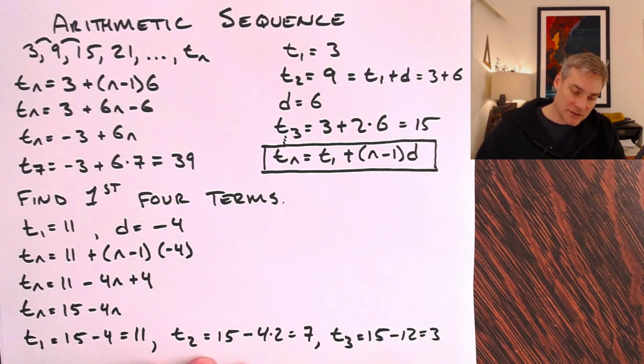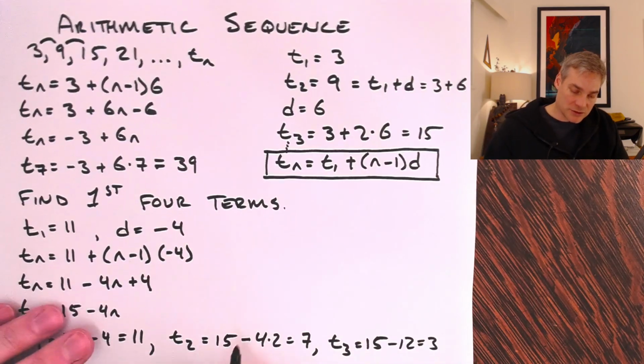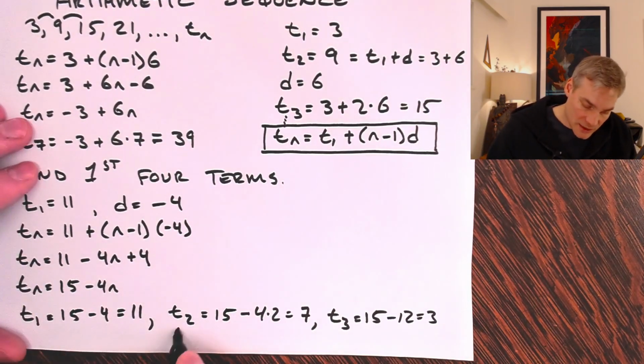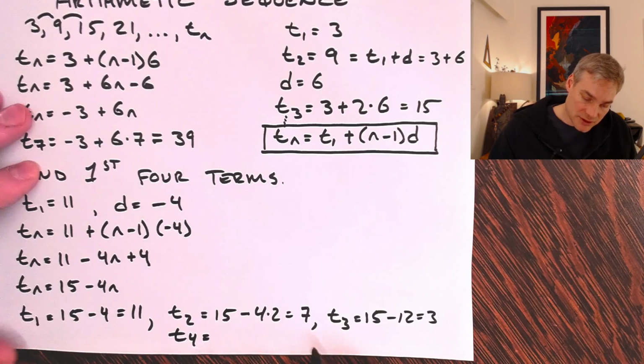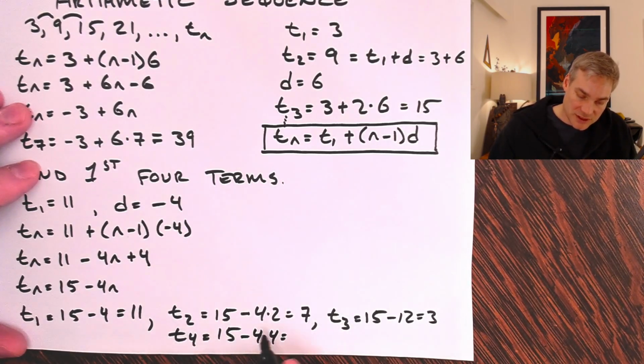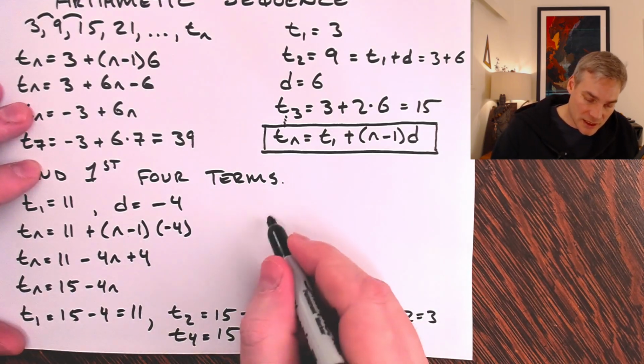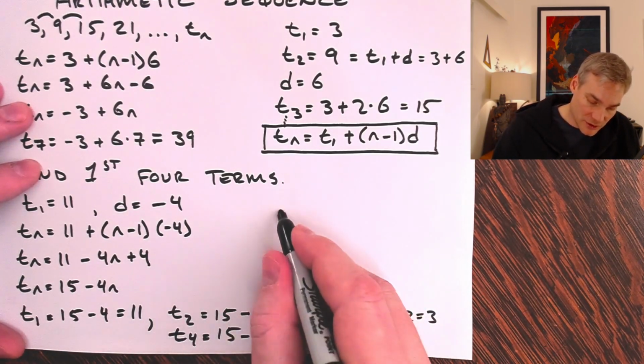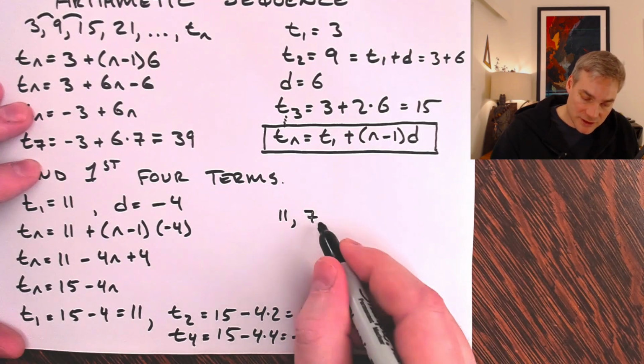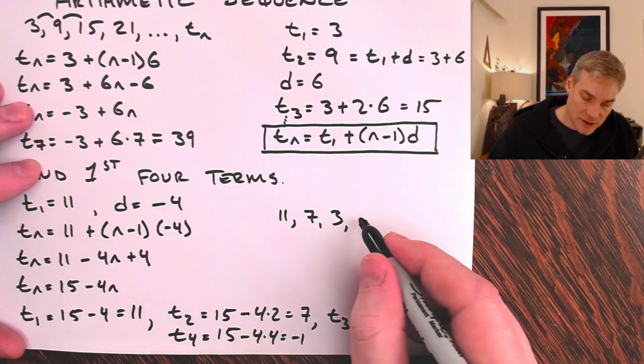And I haven't given myself quite enough room. We'll jump back here. T4 equals 15 minus 4 times 4, which is 16, so it's minus 1. So I have the sequence of 11, 7, 3, minus 1.